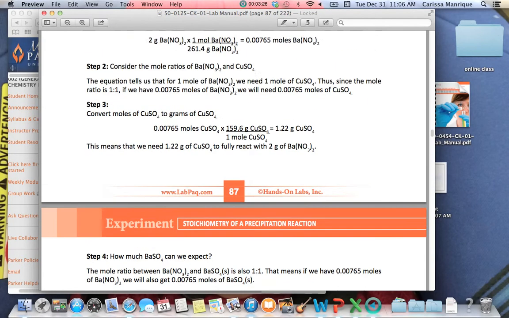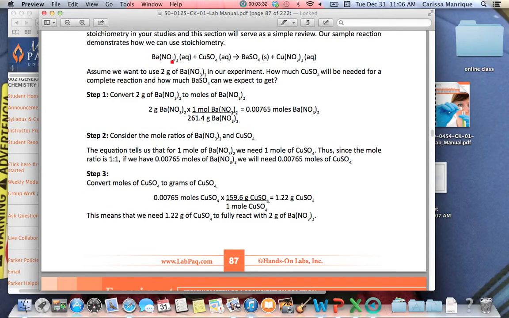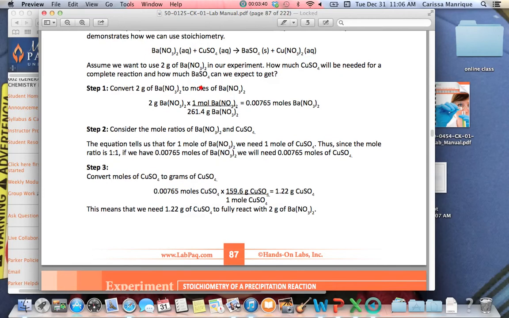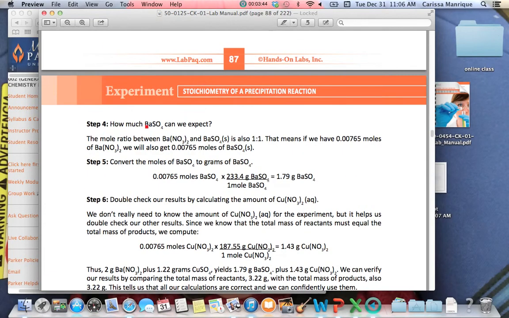Okay, so if we look here, we want to convert first barium nitrate. How much barium sulfate will barium nitrate form? So we're going to go to barium sulfate.